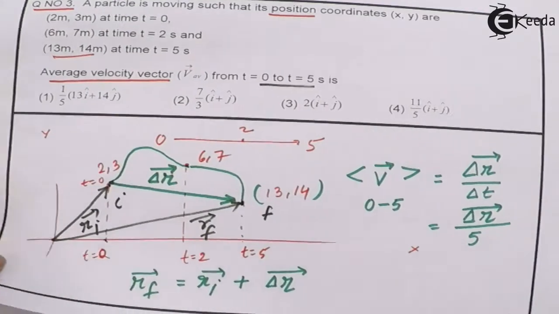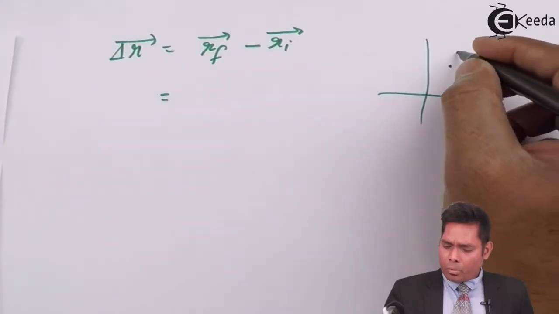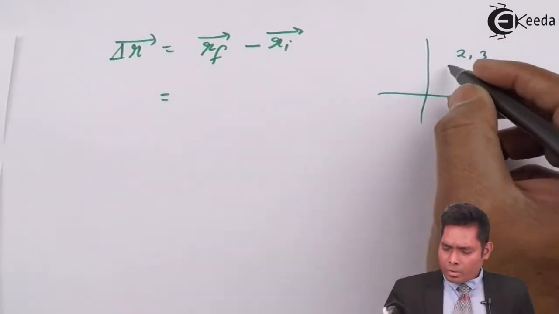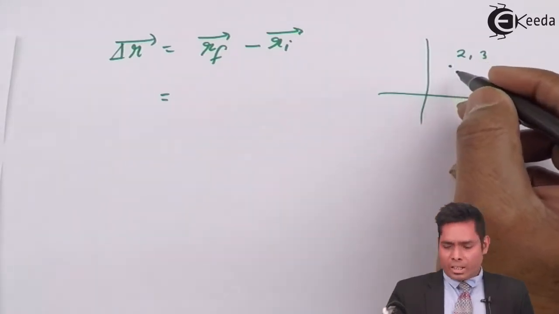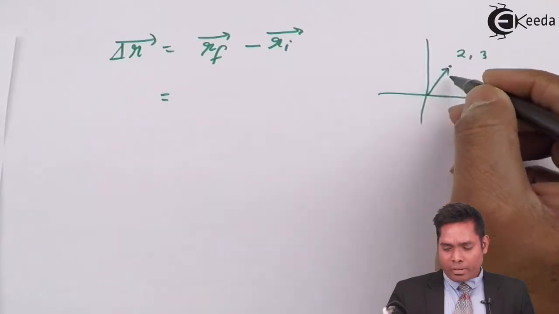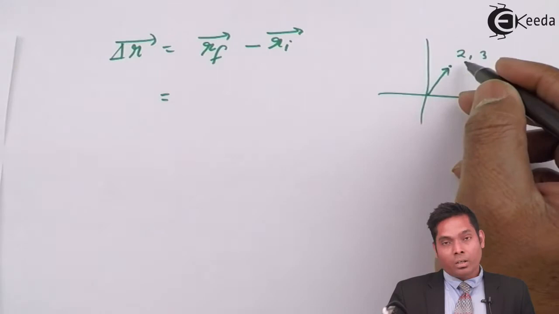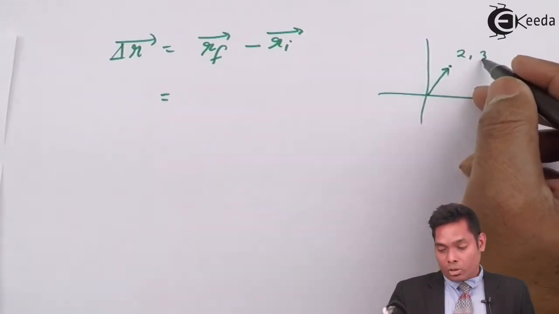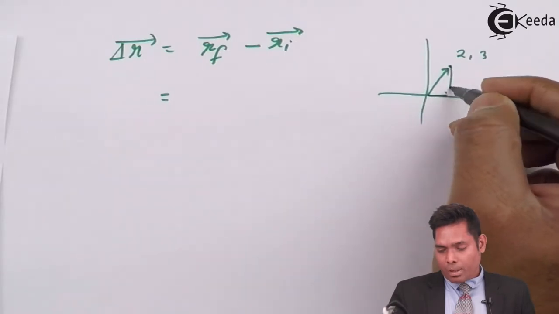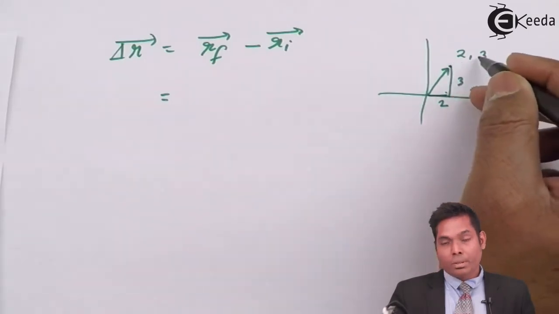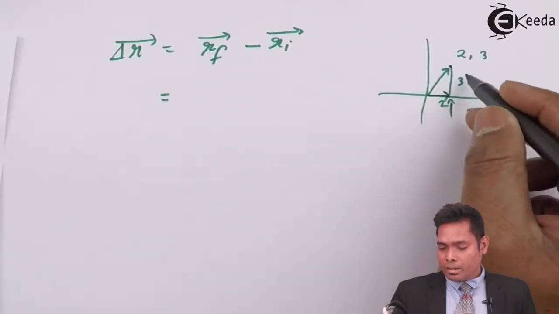In any coordinate system, if we have a point with, suppose, coordinate 2, 3, then this position can be represented with a vector like this. This is called the position vector, and it can also be represented in terms of components. This part is 2 and this part is 3, so this vector is 2 i cap and this vector is 3 j cap.